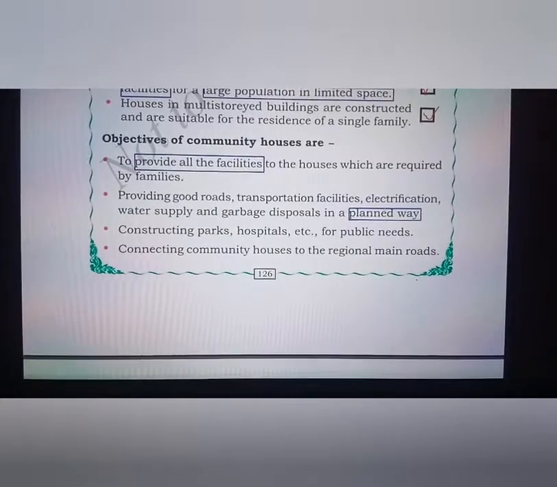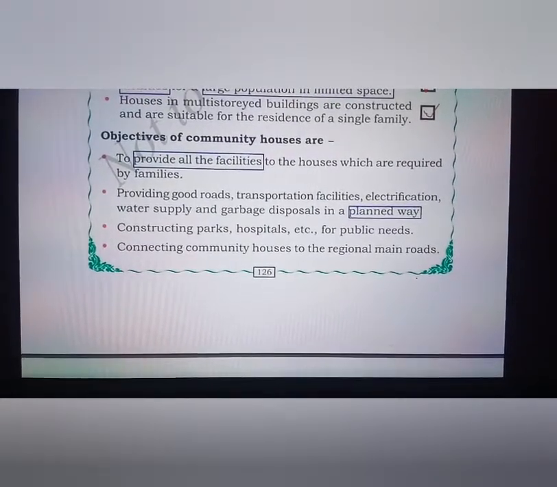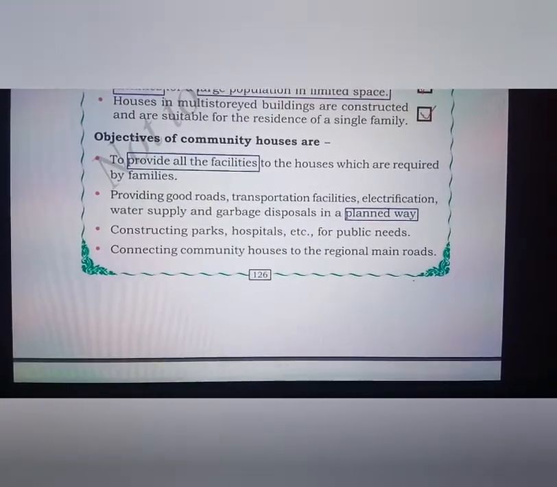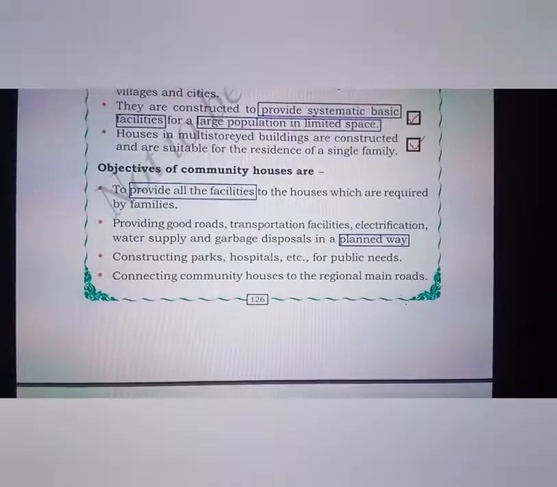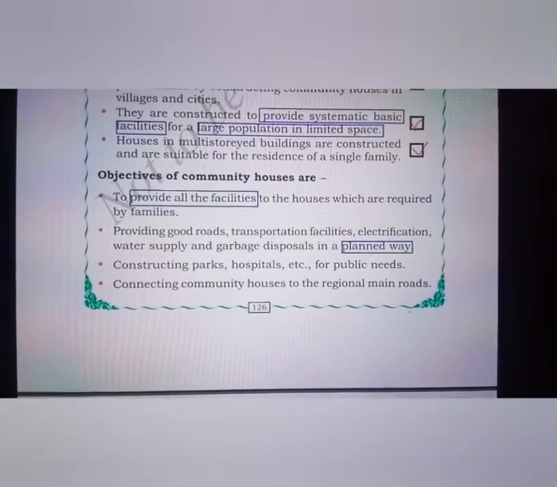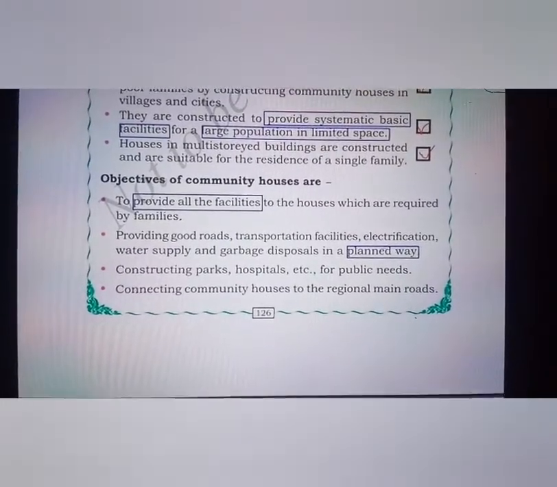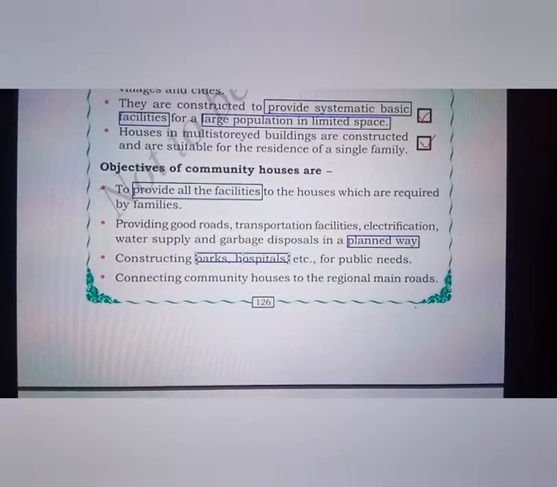These are the basic needs of any household. The community housing projects will provide all this to the houses in a very systematic and planned way.